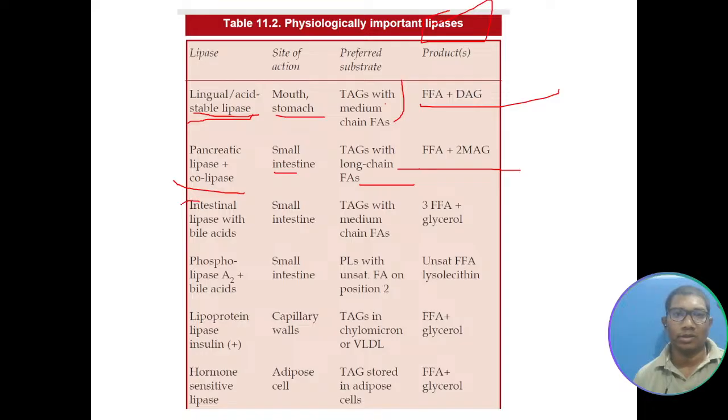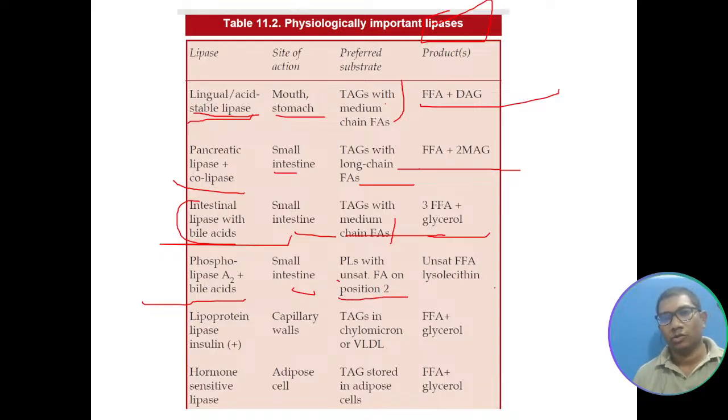Intestinal lipase with the bile acid. Bile acid के साथ में small intestine में क्या करता है? Triglyceride and medium chain fatty acids are broken down into 3 fatty acids plus glycerol. Phospholipase A2 is present and acts in the small intestine. Phospholipase A2 acts on the phospholipid with the unsaturated fatty acid, converting it into unsaturated free fatty acid plus lysolecithin.